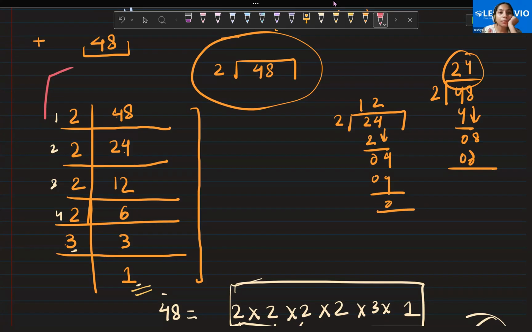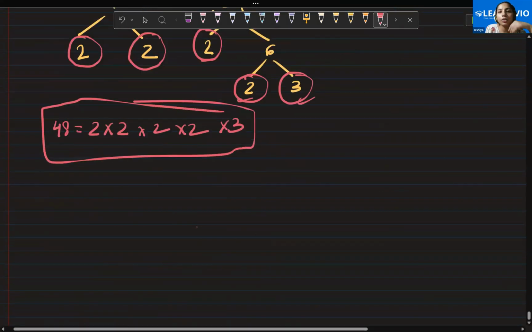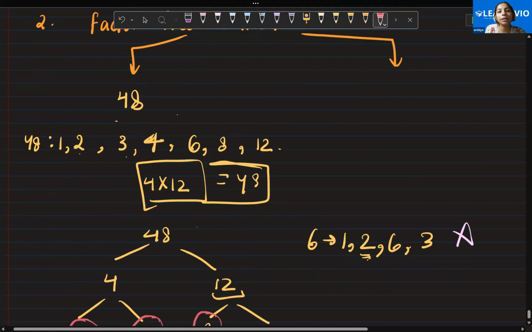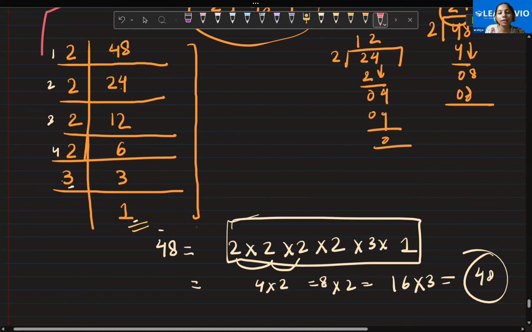Can you prime factorize 60 by the division method? 60. Don't write this second factor tree method. You've written till here, right? Yes.